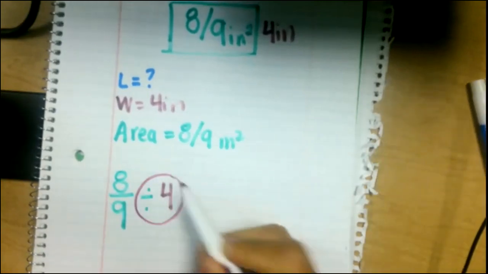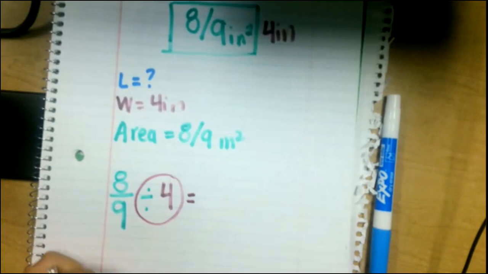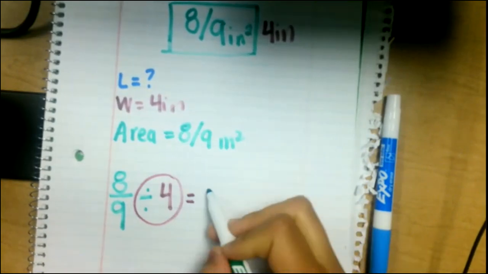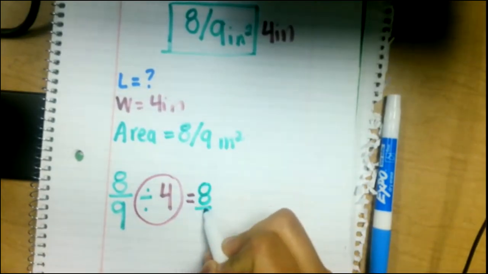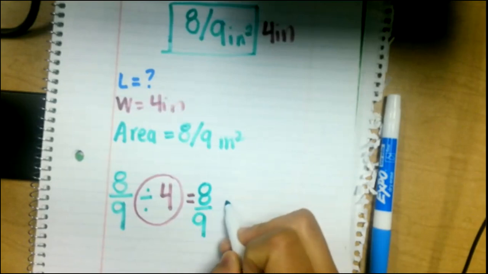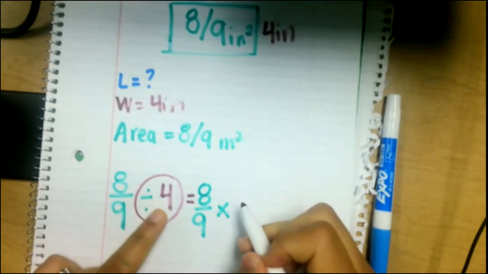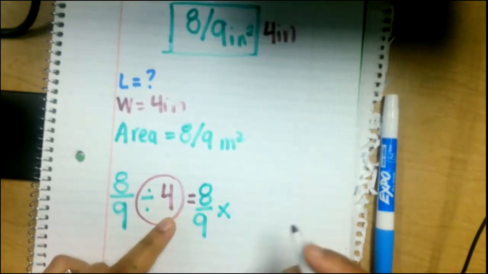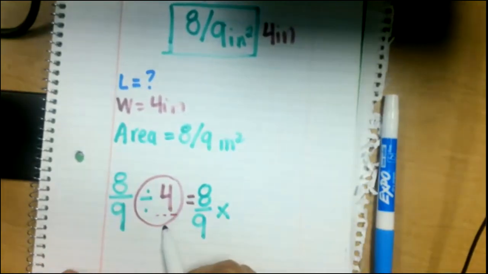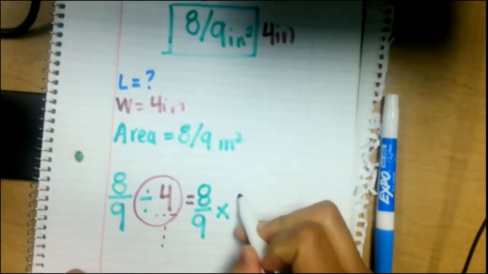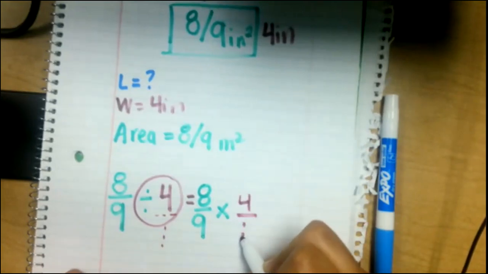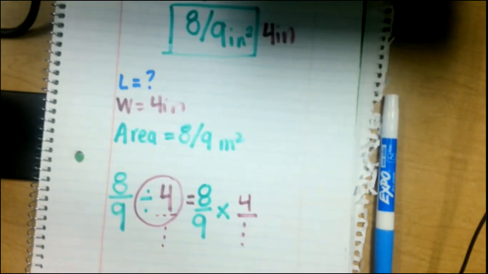This is about to change. Because when we divide fractions by whole numbers, this part changes. Remember, when we see a whole number, there's an invisible one under it, but we have to multiply by the reciprocal.